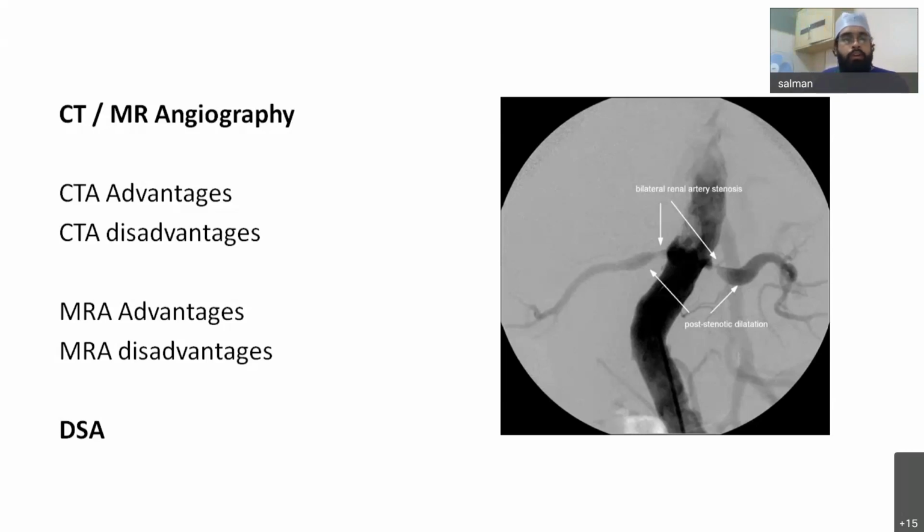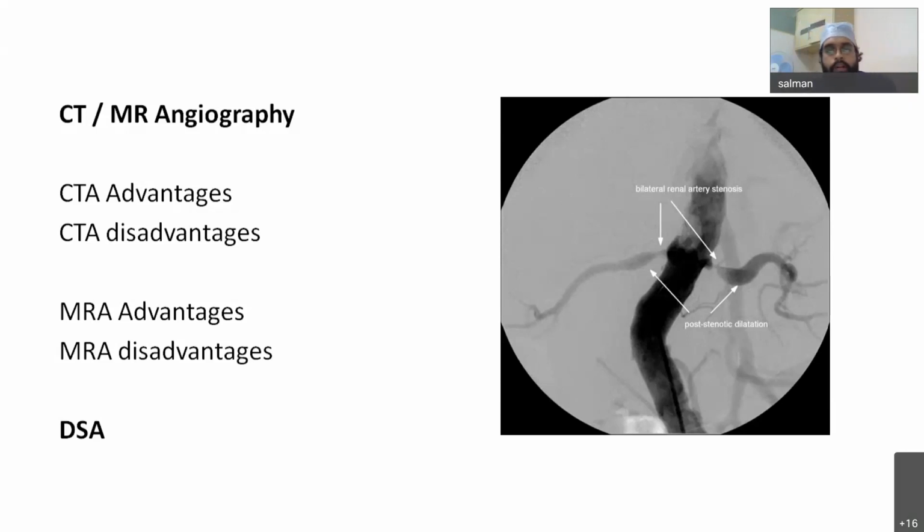If we are using contrast-enhanced MR angiography, gadolinium-based contrasts are usually used, and a major complication in patients with renal dysfunction is nephrogenic systemic fibrosis. MR angiography also overestimates the stenosis. Hence, MR angiography basically has an excellent negative predictive value for renal artery stenosis.